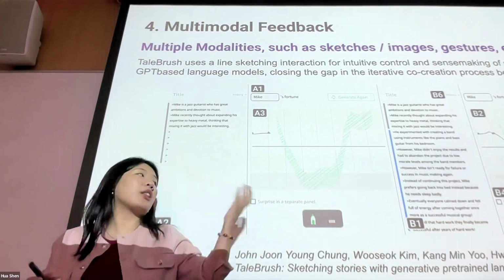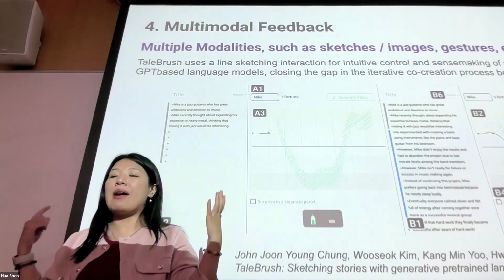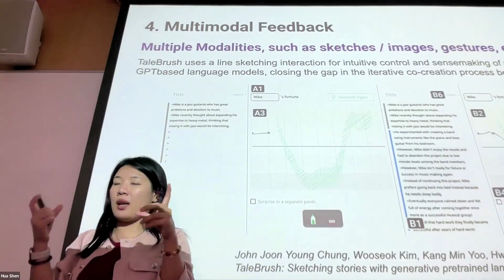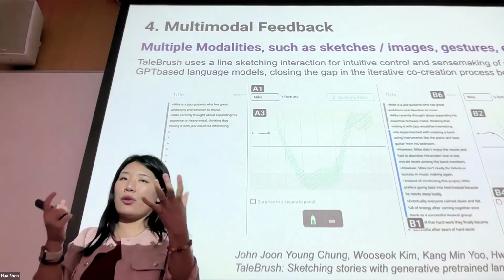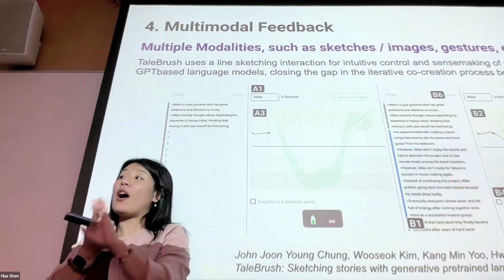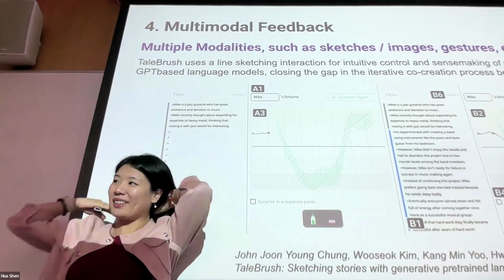So it's better to open your mind to how you can leverage multiple modalities of input to describe your preference in a very efficient and effective way. Right. Good point.